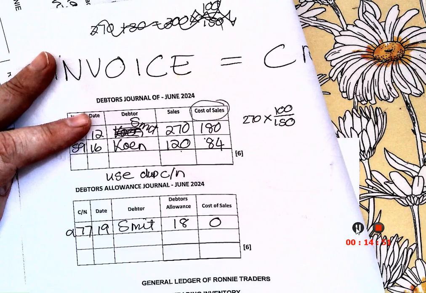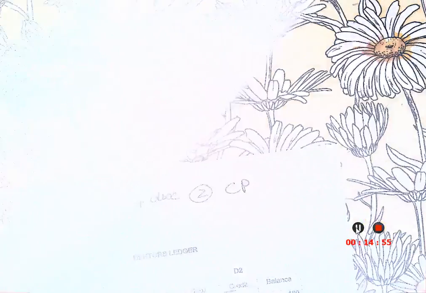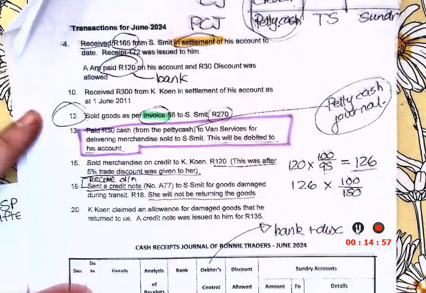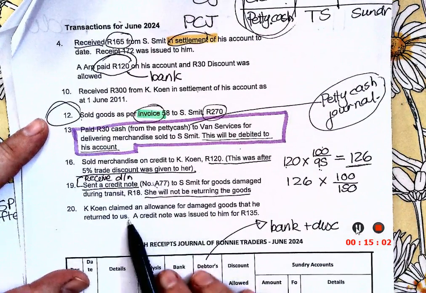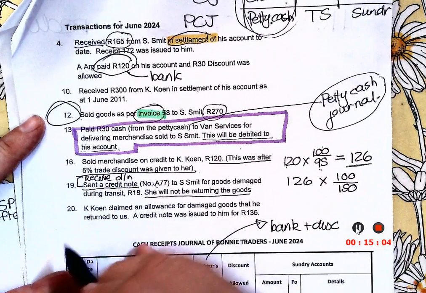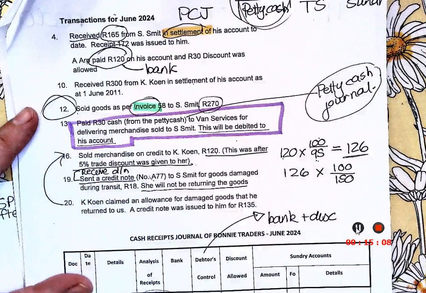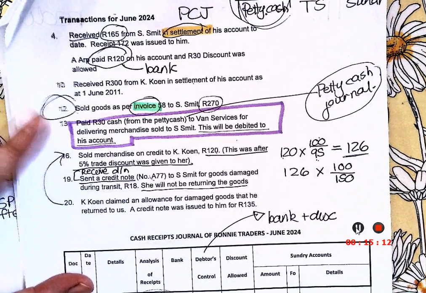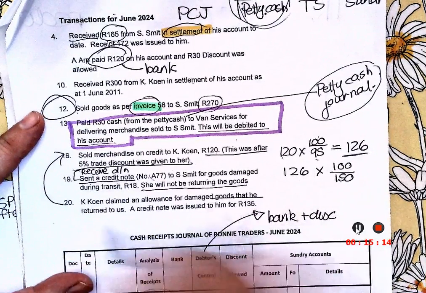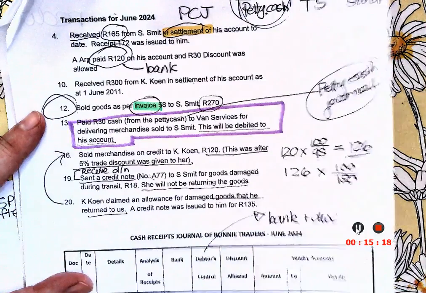Okay, is everybody sharp? Let's go on. Kun claimed an allowance for damaged goods that he returned to us. Now Kun is this guy who got the discount, ne? A credit note was issued, he returned the goods also, ne? So the credit note was issued to him for 135.